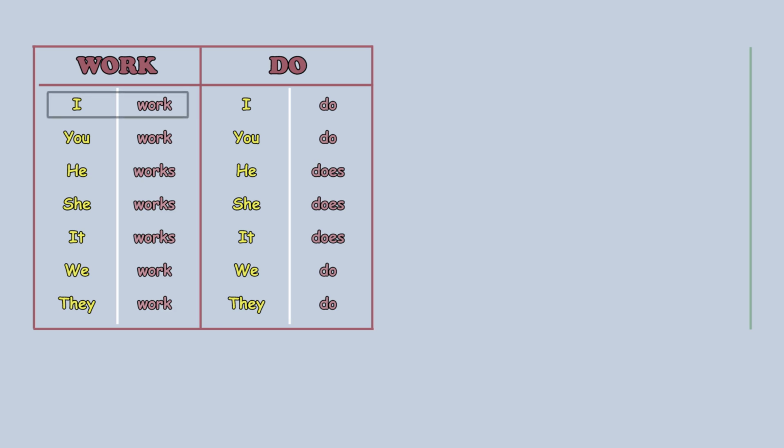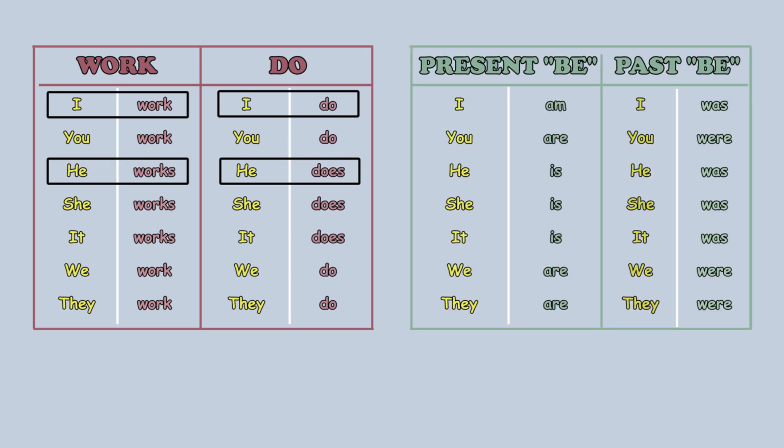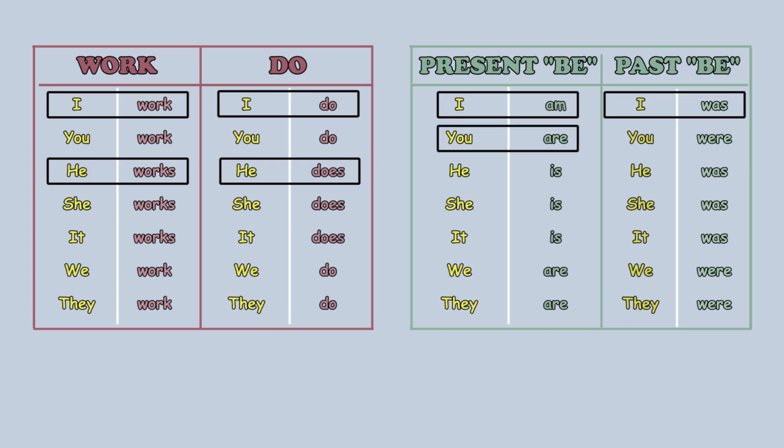For example, I work, he works, I do, he does. Additionally, I also have the present and past forms of the verb be. I am, you are, I was, you were.